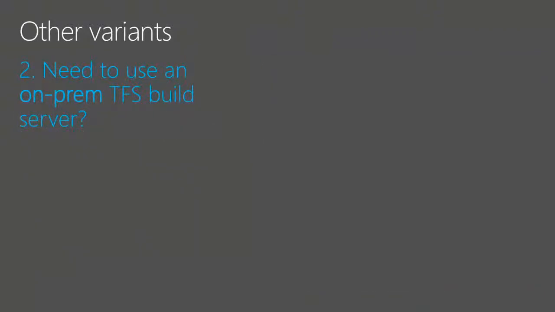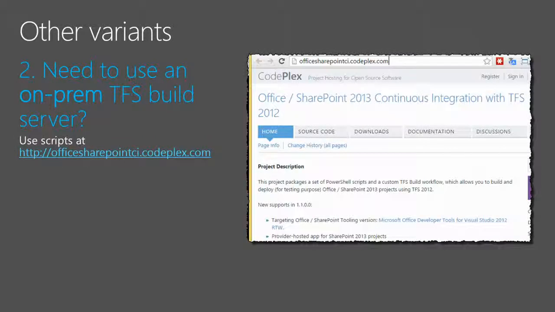Now, what if you're not able to use Visual Studio Online and its build infrastructure? What if there's something specific that you need? Well, you can use a lot of this with an on-premises TFS build server. So you could actually bring your own TFS build servers, and basically you could still get a lot of this goodness. Now, you do have a lot more work to do here. The scripts that are running the build are now with you, and you're not using Microsoft stuff.